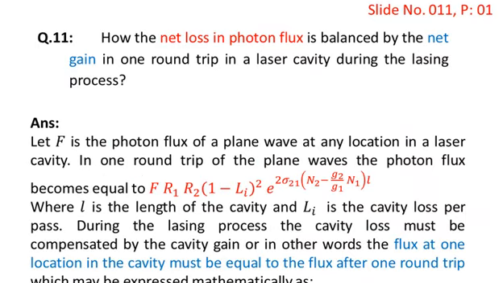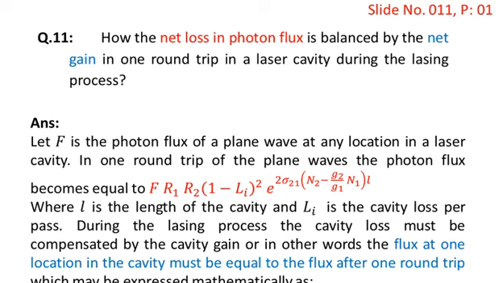Question: how the net loss in photon flux is balanced by the net gain in one round trip in a laser cavity during the lasing process? Answer: let F be the photon flux of a plane wave at any location in a laser cavity.